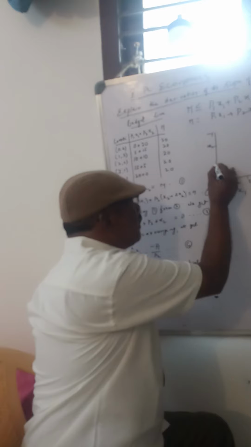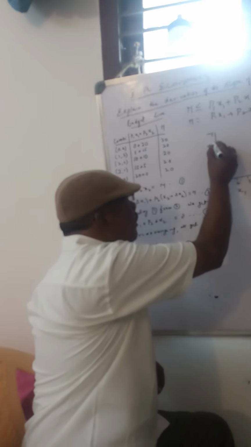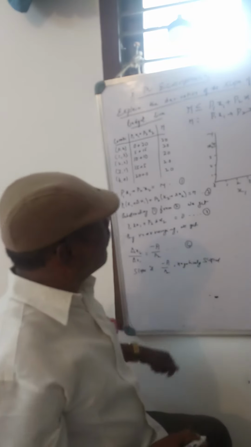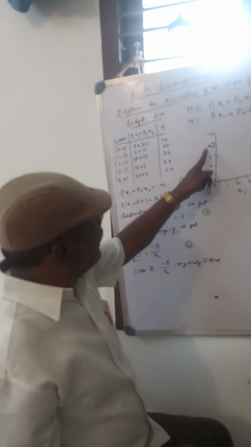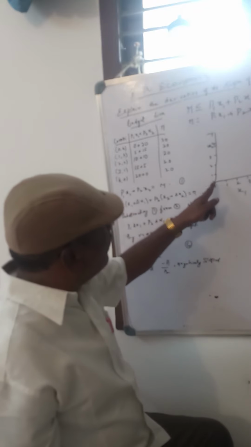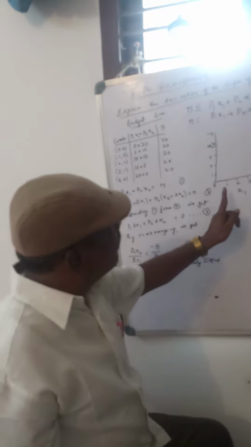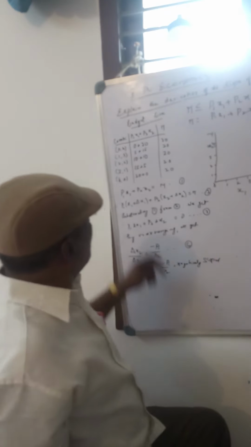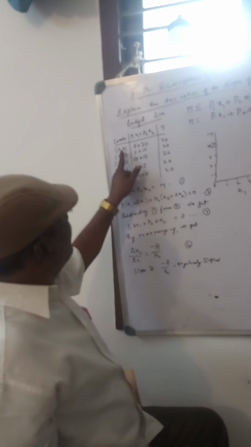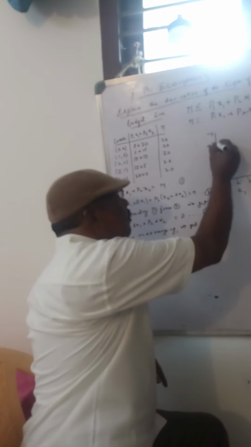Now take up this. Here the consumer uses only X2s and no X1s. So you just mark here.